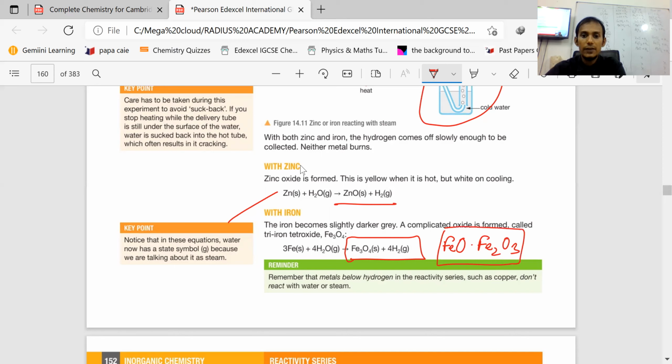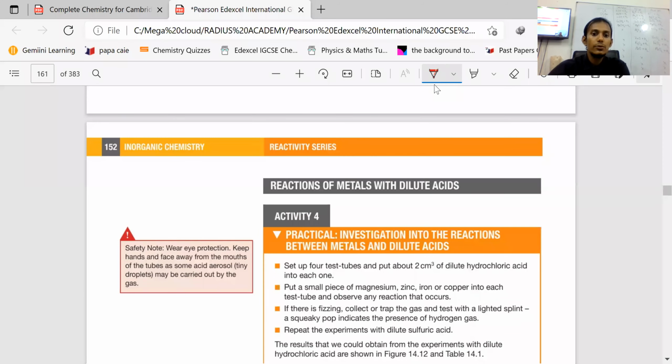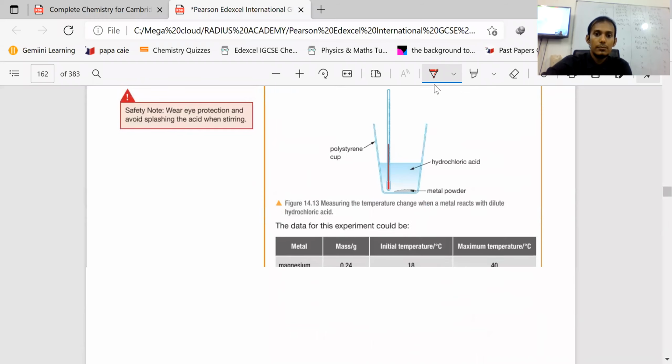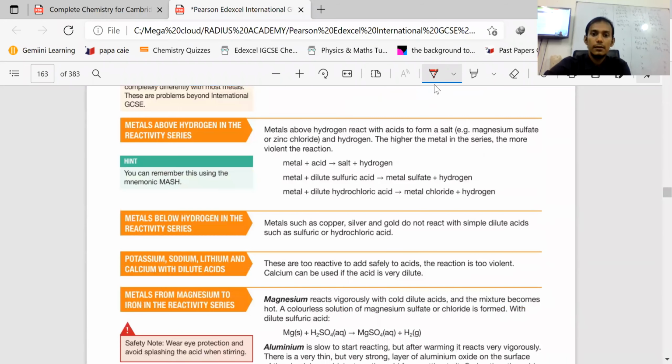That's why it is Fe3O4, because iron has 2 oxidation states: one is iron 2 plus, and the other is 3 plus. That's why we have a different formula. If you're confused, we can discuss later on. Right. The activity we'll do later on, not now. After completing the calculation part, we'll do that.